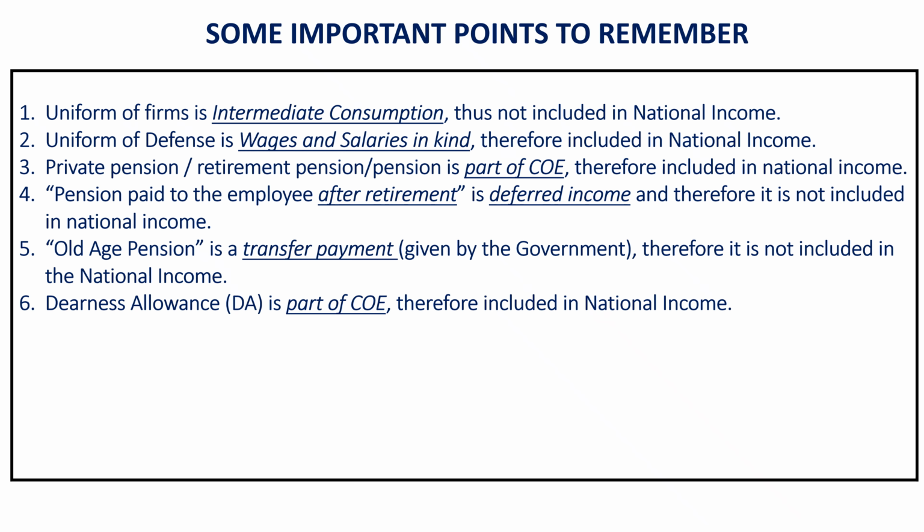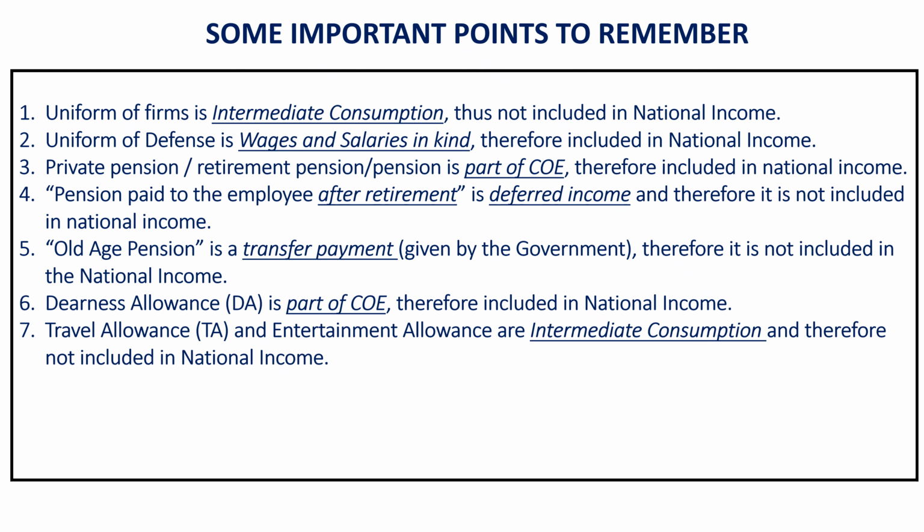Dearness allowance, DA, is a part of compensation of employees and therefore is included in national income, whereas travel allowance or TA and entertainment allowance both are intermediate consumption and therefore not included in national income.